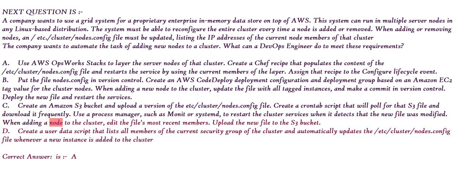When adding a node to the cluster, edit the file's most recent members. Upload the new file to the S3 bucket. D. Create a user data script that lists all members of the current security group of the cluster and automatically updates the /etc/cluster/nodes.config file whenever a new instance is added to the cluster. Correct answer is A.